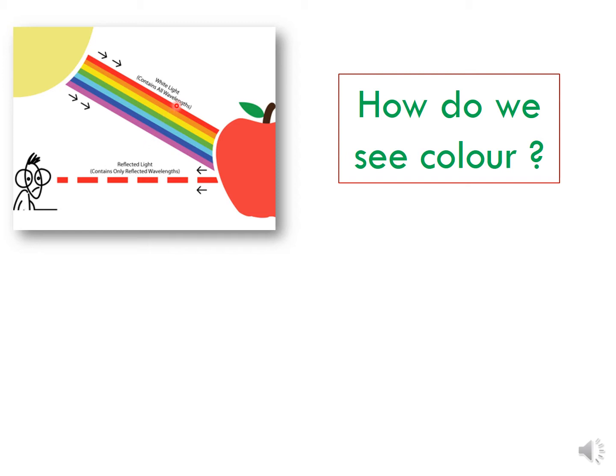So if there is a red color that we are able to visualize, for example this apple over here, it means that when white light falls on this red apple, it absorbs all the other colors of the components of the white light but reflects only the red, and that's why we're able to see red light. The same laws of physics or optics apply to all the other colors as well.